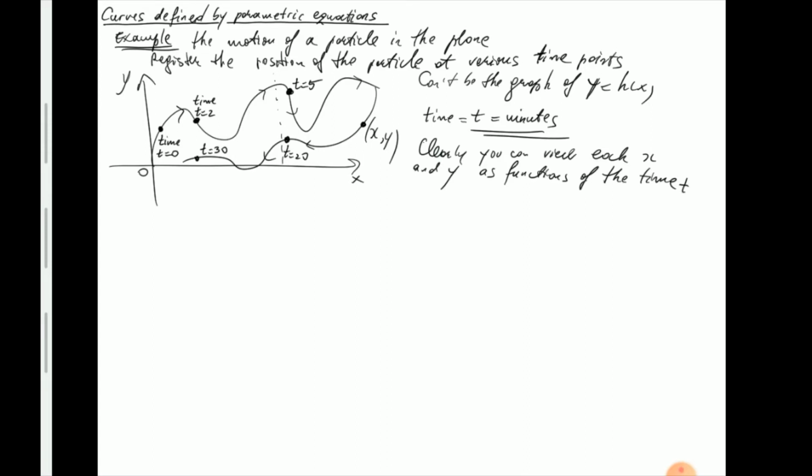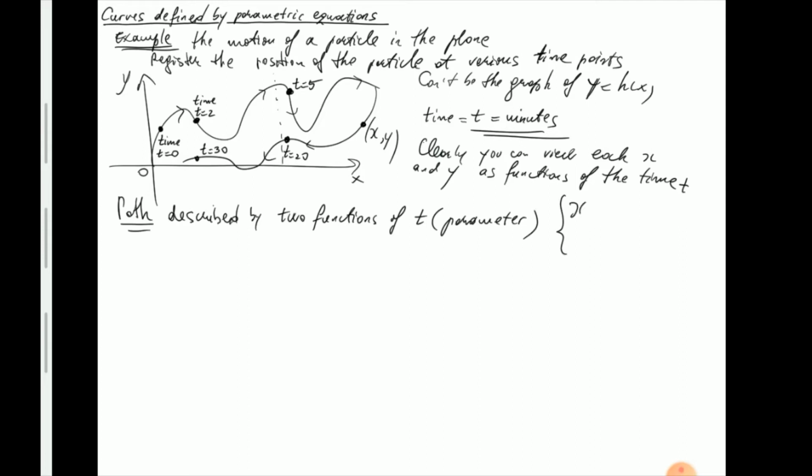So in other words, this path can be described by two functions of t, which is called a parameter. So this third variable, right? So you have the curve identified obviously by the x and the y coordinates, because after all it's a curve in the plane. But in turn, each of these coordinates x and y is a function of t.